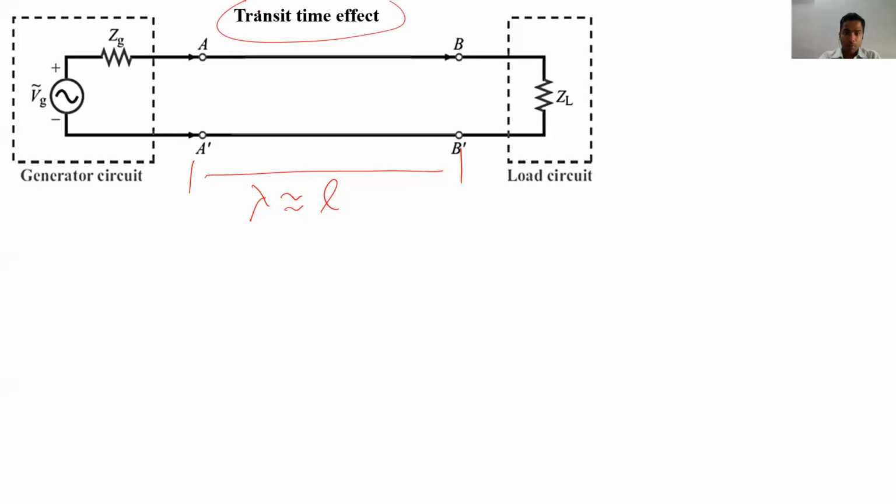Because of that effect, there is a change in phase of the signal. Whatever signal you give, there will be a change in phase and there will be a voltage drop. Which is not the case for a low frequency signal.